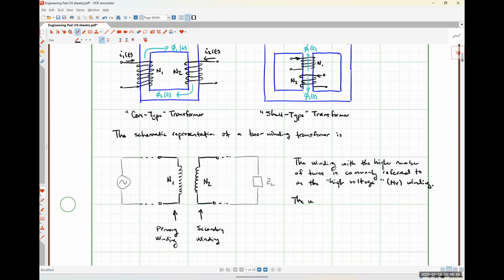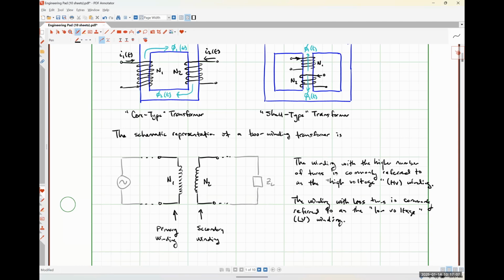And then the winding with less turns, or the smaller number of turns, is commonly referred to as the low voltage, or LV winding.